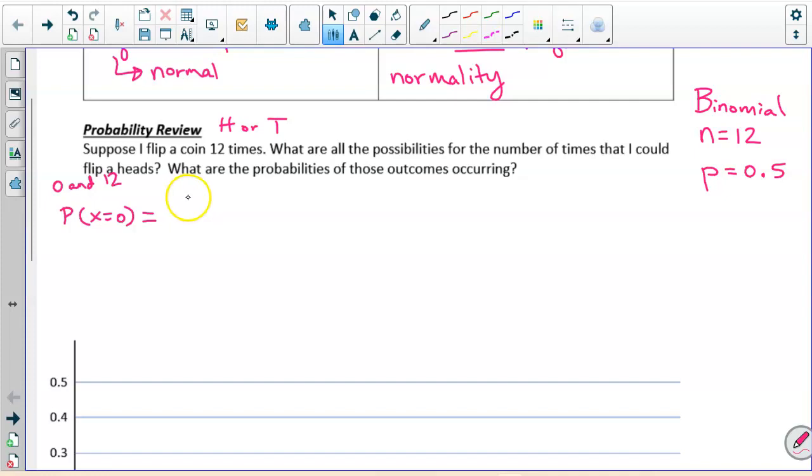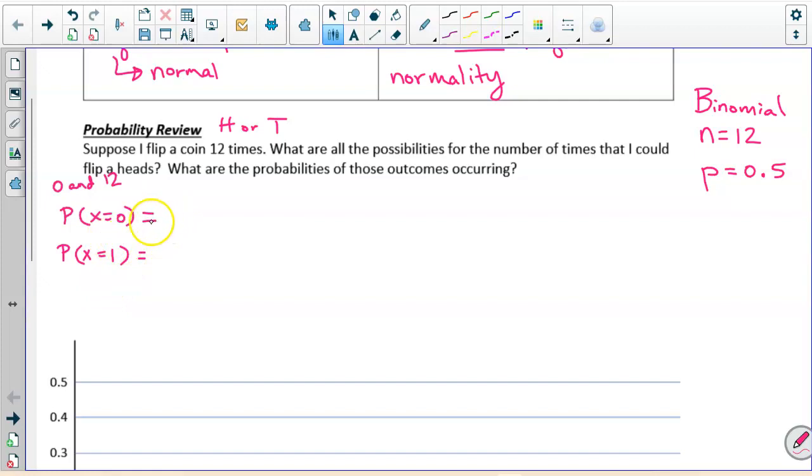That's what CDF means, cumulative. I'm adding all of them. So as I go, probability of x equals 1, that would add 0 plus 1. Is that what I'm wanting? Now I want to find the actual probability of getting no heads, the probability of getting 1 head, the probability of getting 2 heads, right?